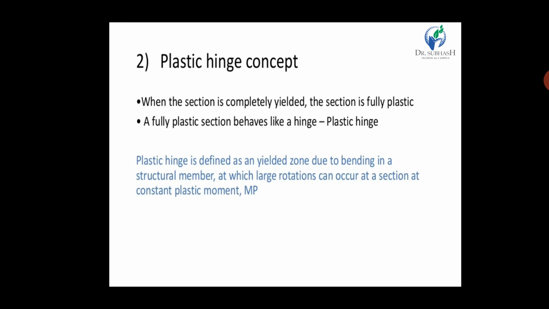We all know that a plastic hinge is defined as a yielding zone due to bending in a structural member in which large rotation can occur at a section at constant plastic moment Mp. The corresponding bending moment is called the fully plastic moment Mp and is denoted by Fy into Zp.